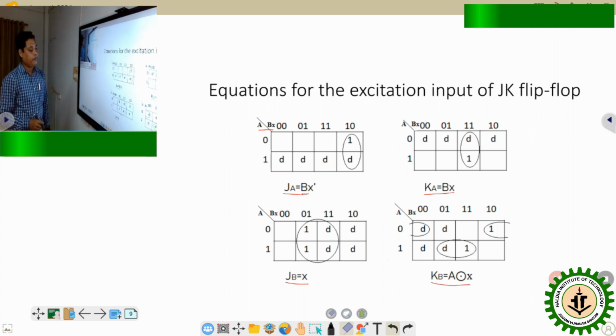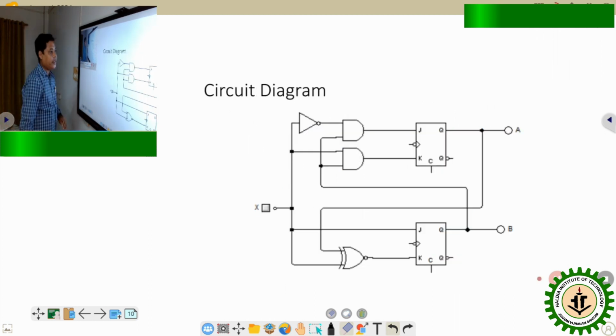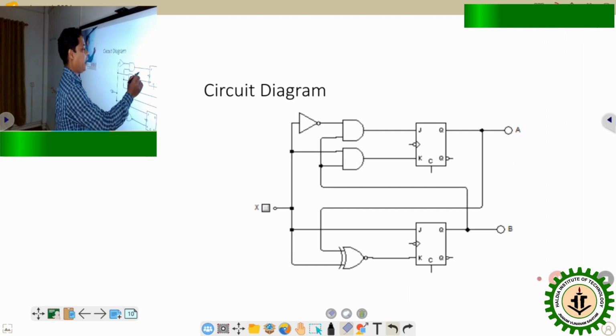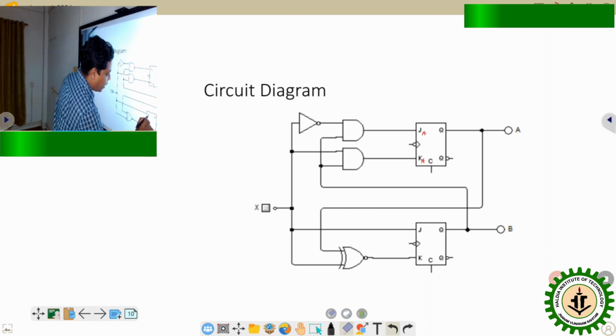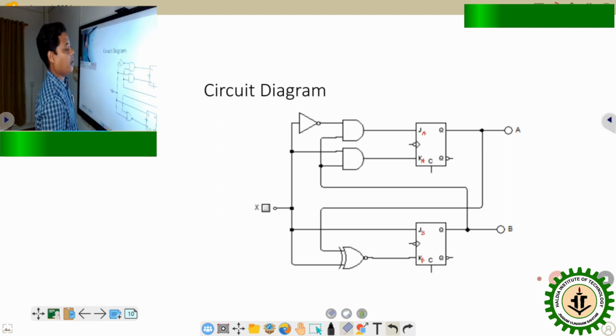So once we obtain the equation for all the excitation inputs of the JK flip-flops, then we can easily draw the circuit. Here there is the first flip-flop whose inputs are JA and KA, and the second flip-flop whose inputs are JB and KB.